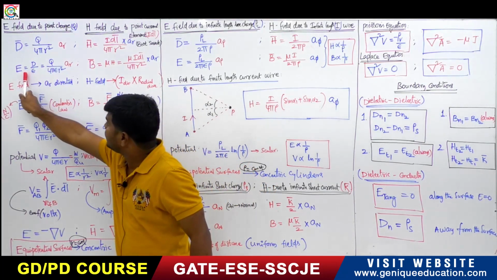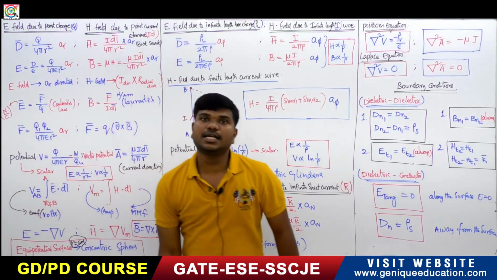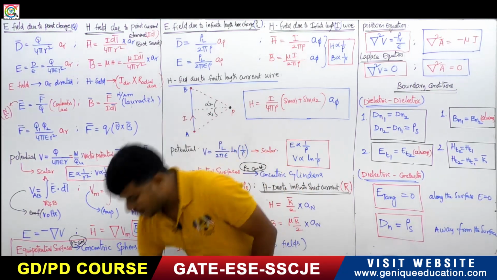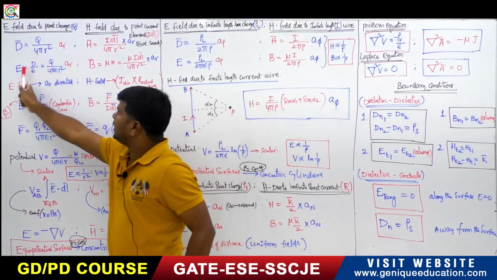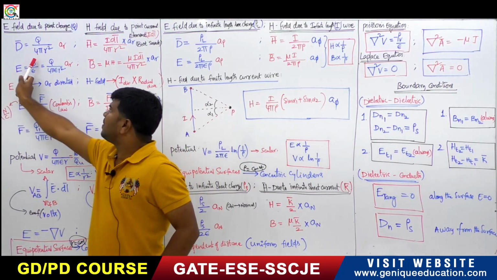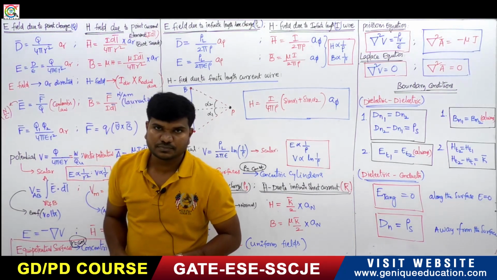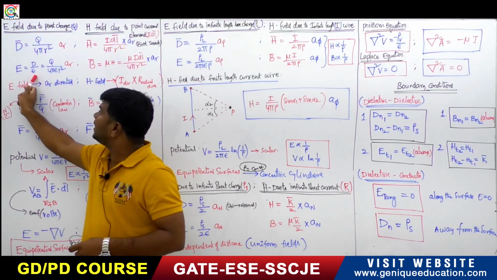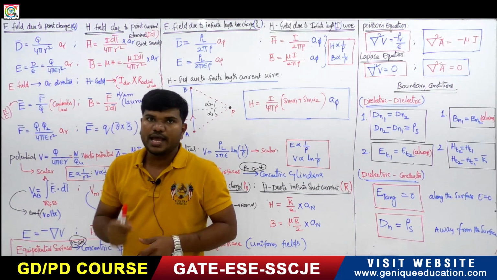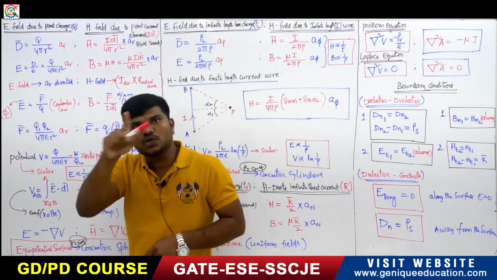Here the electric field intensity is similar to the magnetic flux density. You have to compare these two. Similarly, the electric field intensity is defined by D by epsilon. So from this we can say that the electric field is dependent on the medium. E is inversely proportional to epsilon.